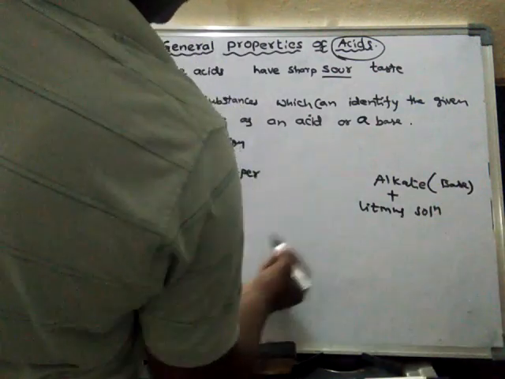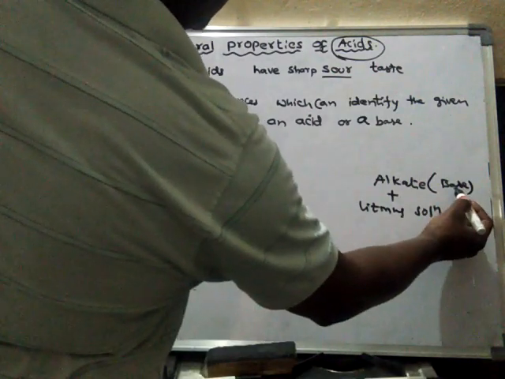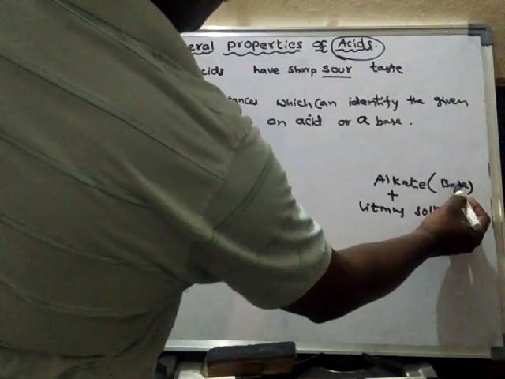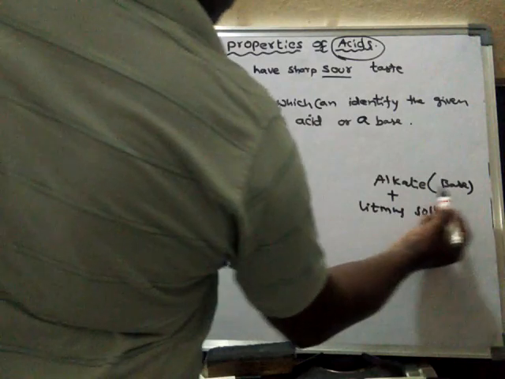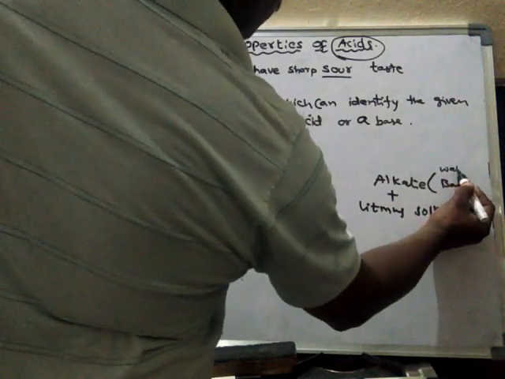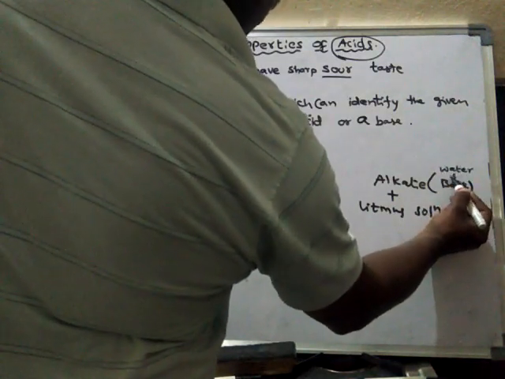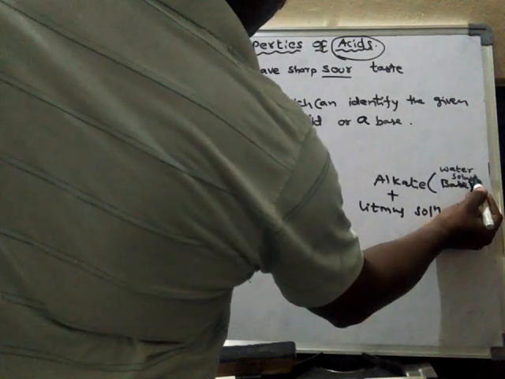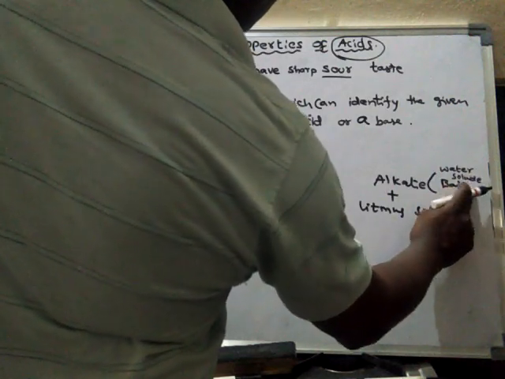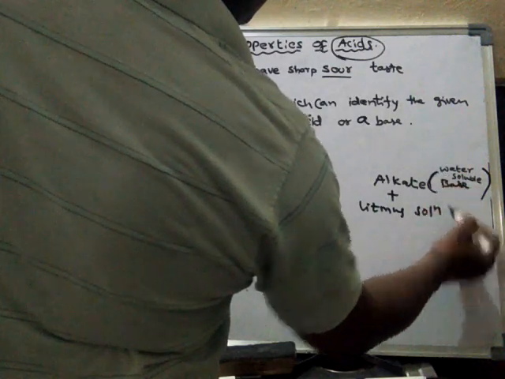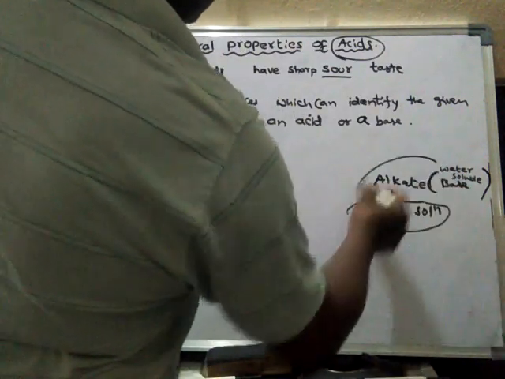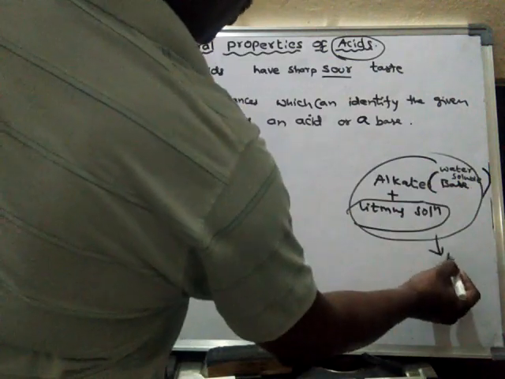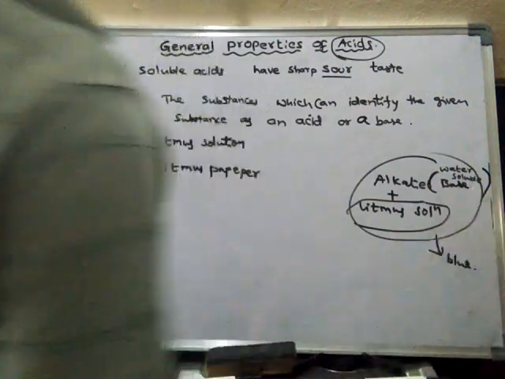So when litmus solution is mixed with alkali, it turns blue.